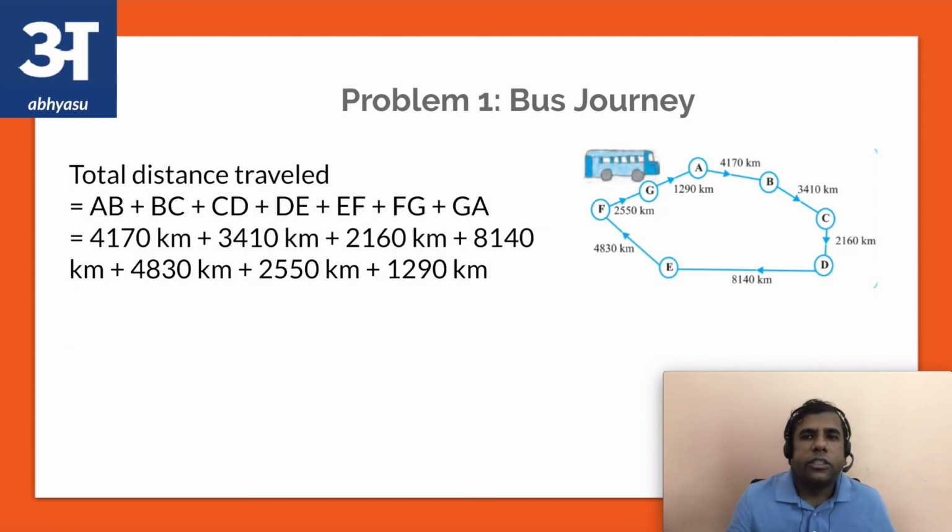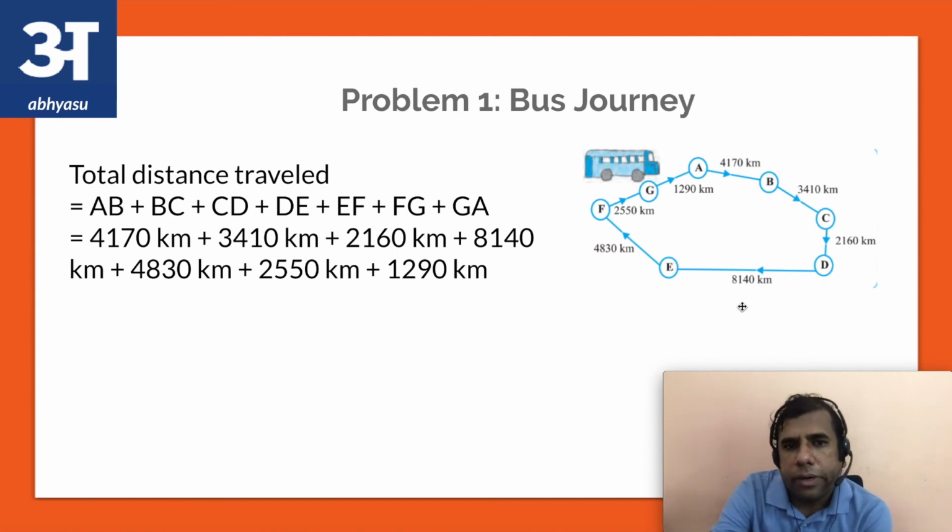So total distance traveled will simply be the addition of each of these segments along the route. A to B, B to C, C to D, D to E, E to F, F to G and G to A. So it will be the addition of each of these numbers like 4170 plus 3410 plus 2160 and so on.